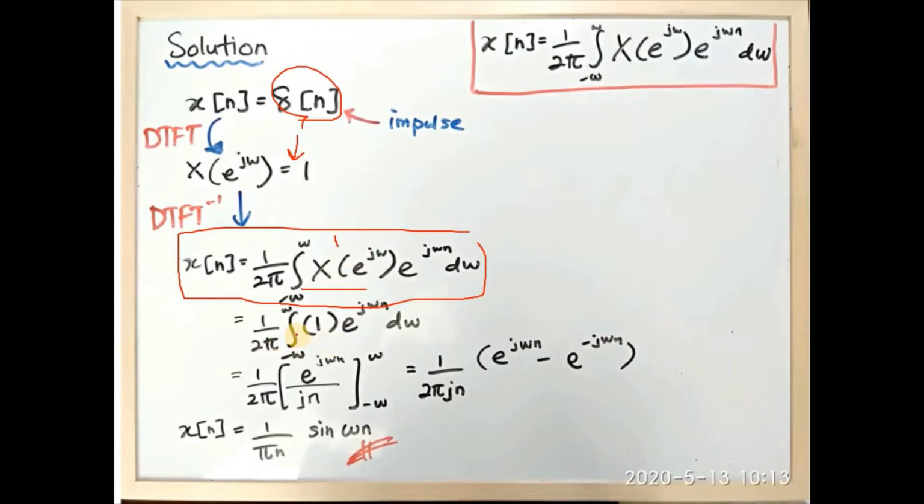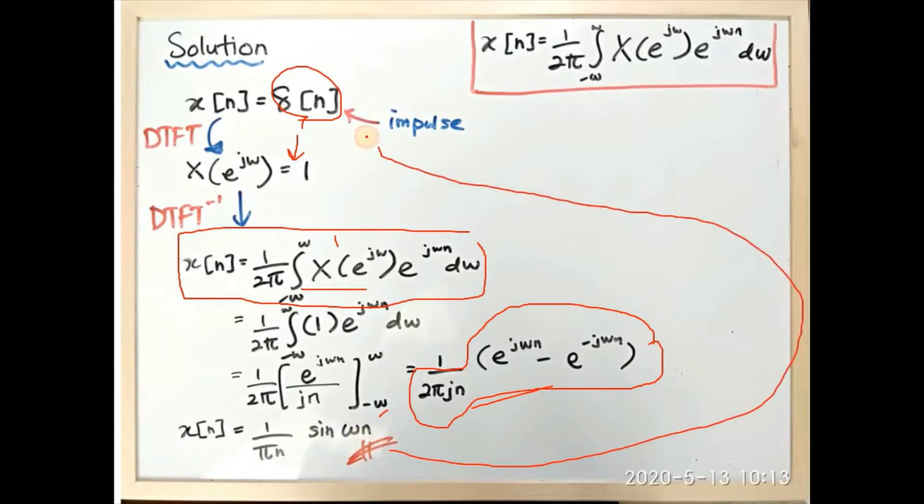Therefore you get the integration of 1 times e^(jωn) dω, and then integrate it. You will get 1 over 2πjn times e^(jπn) minus e^(-jπn). You can convert this into a sine value, so finally you have 1 over πn sin πn. This is representing the delta signal.